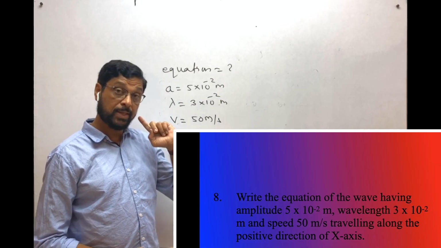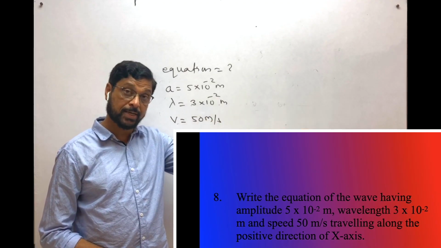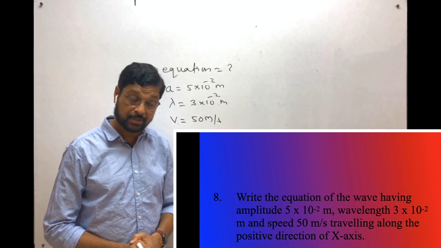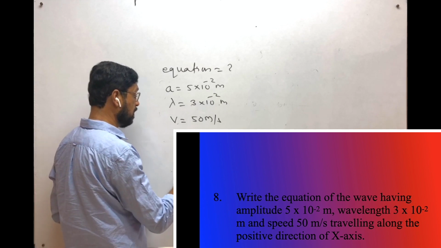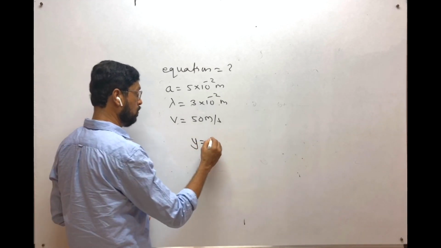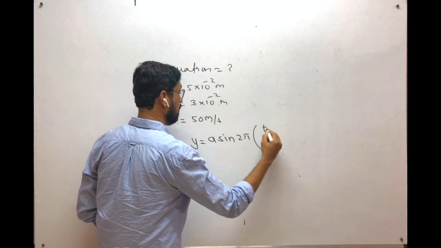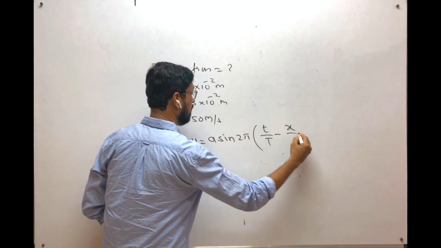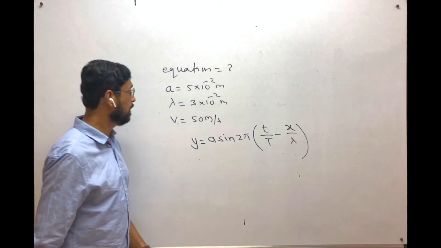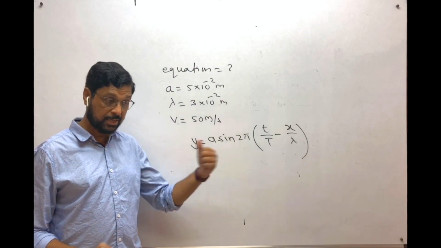So when the wave is traveling in the positive direction of x-axis, what is its equation? Y is equal to a sine 2 pi (t by T minus x by lambda). This is the equation of a wave.